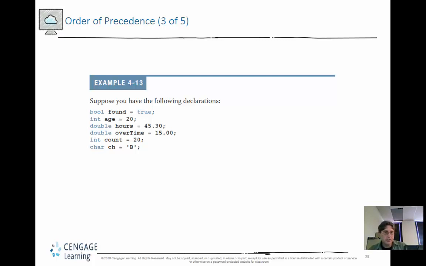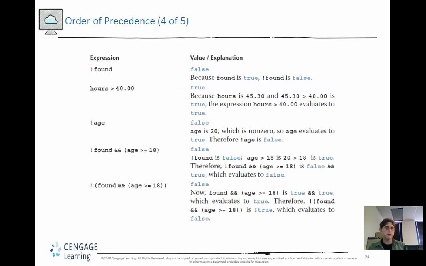Age is an int, and it's equal to 20. Hours is a double, and it's 45.3. Overtime is a double, it's 15.0. Count is an int equal to 20, and ch is a character equal to b.